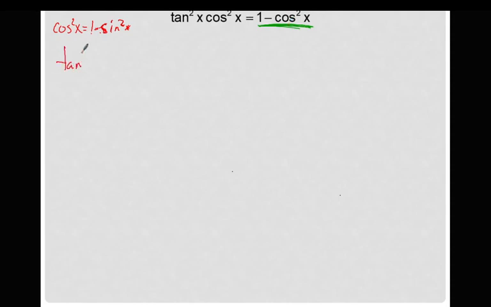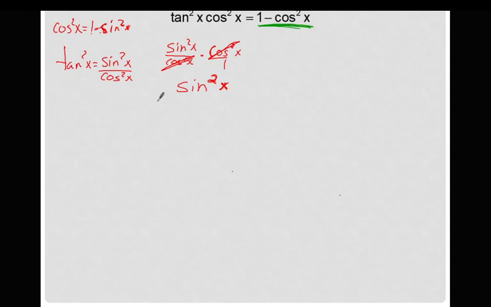So I know that tangent squared x is sine squared x over cosine squared x, which sounds better to me because I'm going to get rid of tangent into sine and cosine. So sine squared x over cosine squared x times cosine squared x. And look, cosine squared divides out with cosine squared, which leaves me with sine squared x.